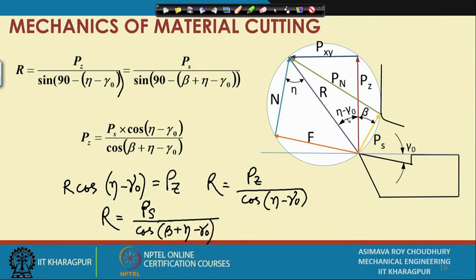Why is this so? Because this whole angle is in between Ps and the resultant. So R cos of this angle is equal to Ps, which means if we combine these two, we get this relationship.